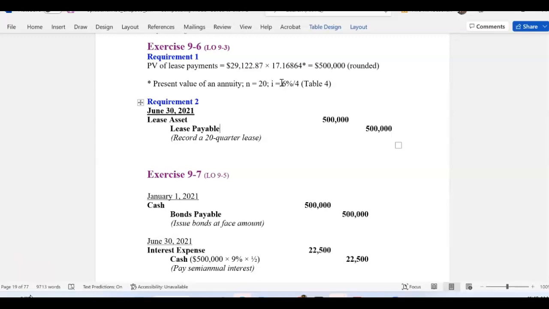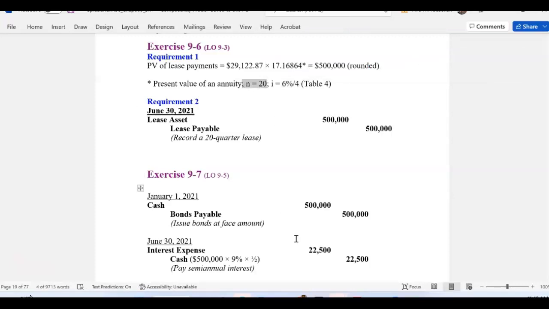So if I divide 6 by 4, it ends up being 1.5% interest rate. Make sense? So I think I should be able to find this in the table. And N is 20.